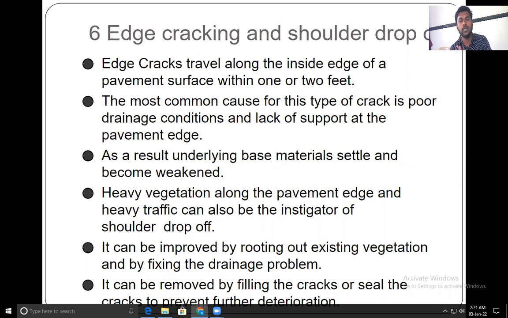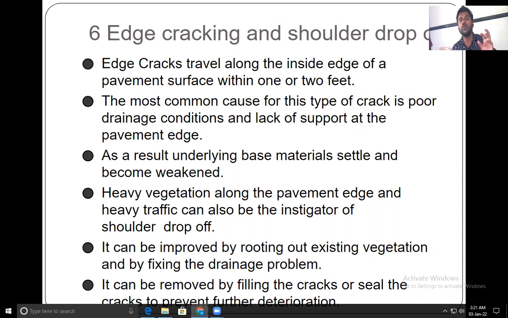As a result, the underlying base material settles and becomes weakened. So to avoid this settlement of the material, what should we go for? Proper compaction of each and every layer, and we need to check the density of each and every layer frequently.